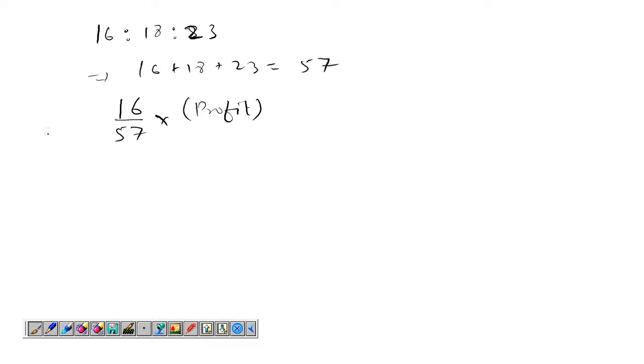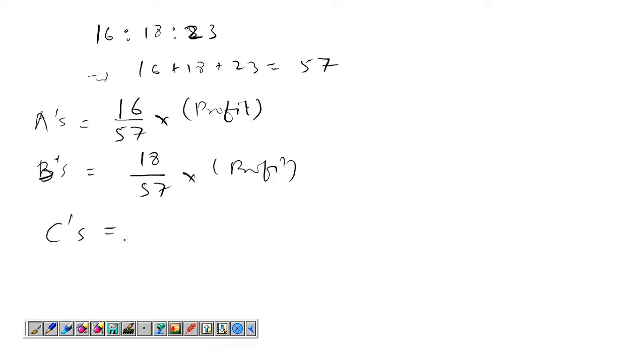B's share in profit would be 18 upon 57 into the profit, and likewise C's share would be 23 upon 57 into profit.